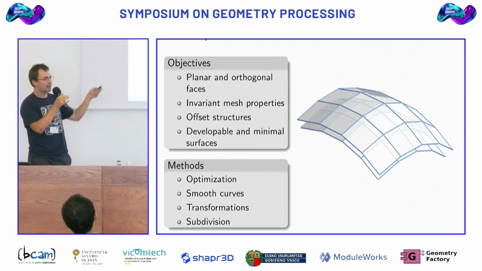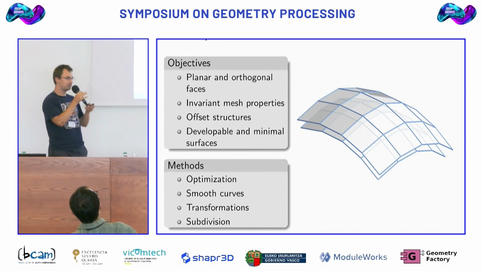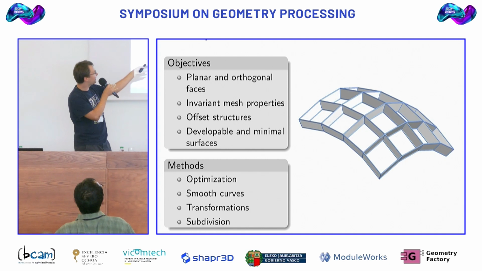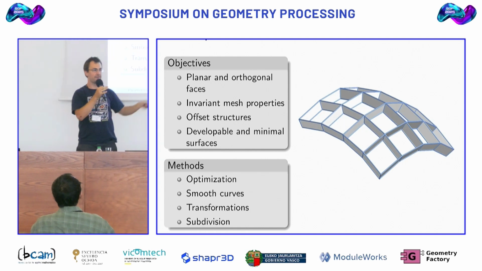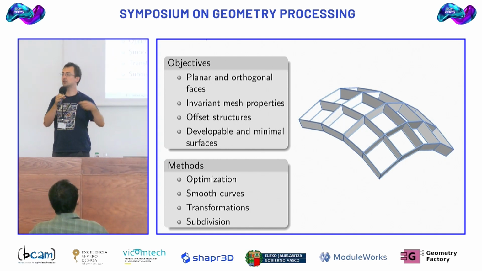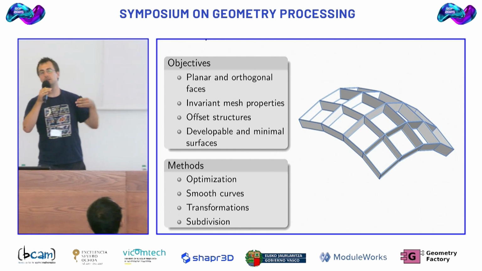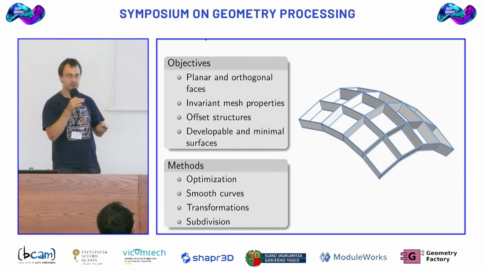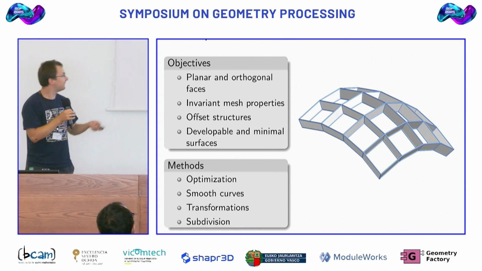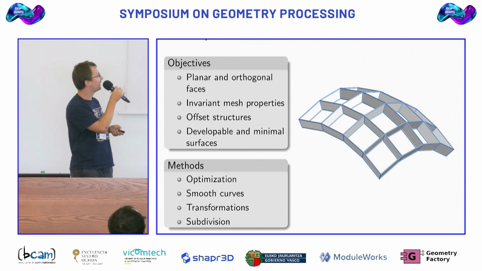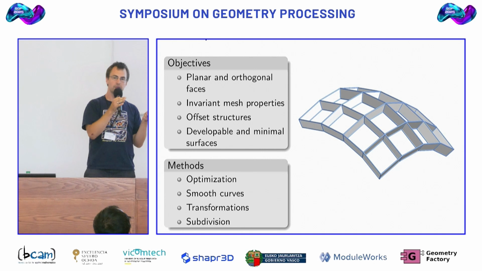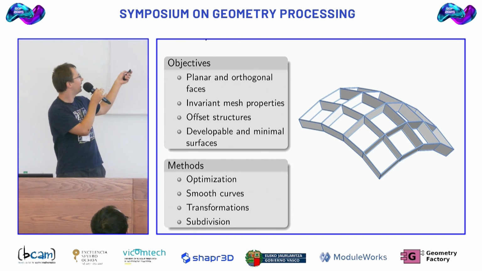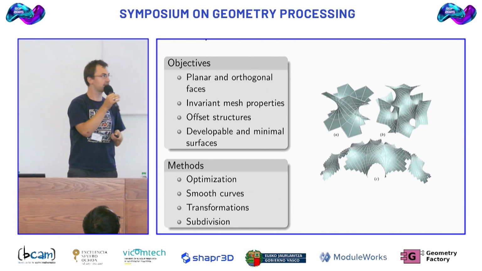But usually when it comes to structural engineering, you also want these beams in between defined by the normals to be also planar. So we are not only interested in features of the mesh, but also of the discrete vertex normals. And then eventually we're gonna look how mesh features can be used to obtain developable surfaces and minimal surfaces.